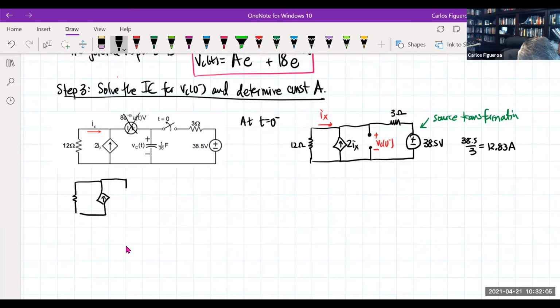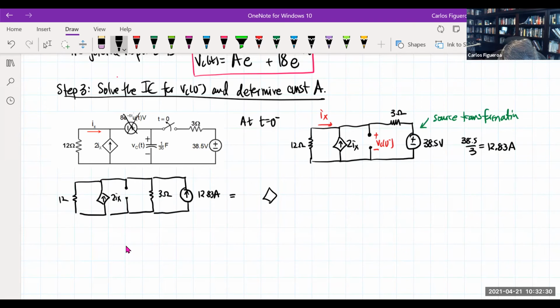I have my open. So now I have my 3 ohm. And with my transformation, I now have a current source that looks like this. So it'd be 12.83 amps. Here's my 12. Here's my 2IX. Note that I can add the sources here. So if I add the sources, here's what I'm going to see. I now have a dependent source that has two terms. So it should be 12.83 plus 2IX.